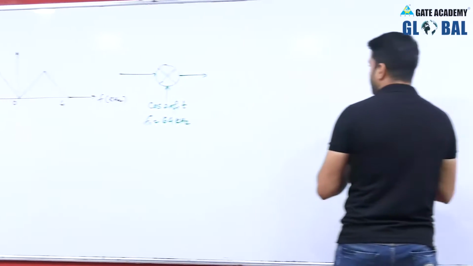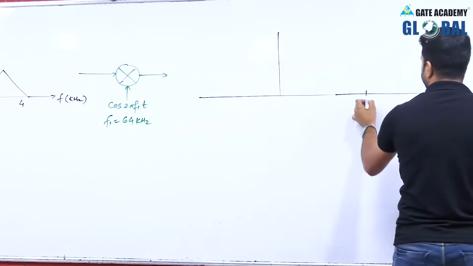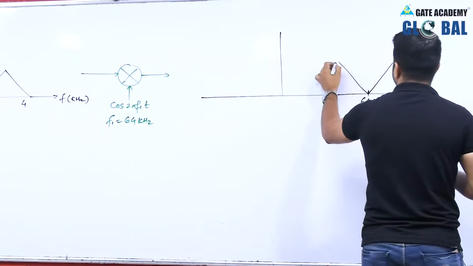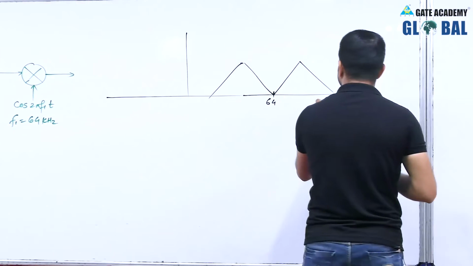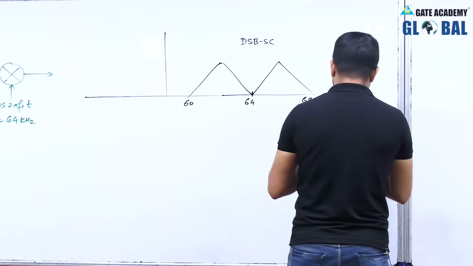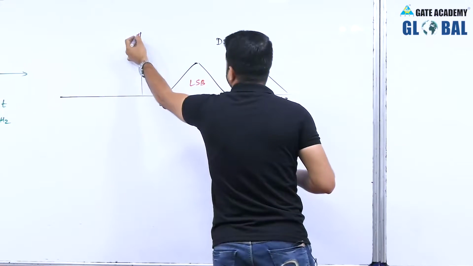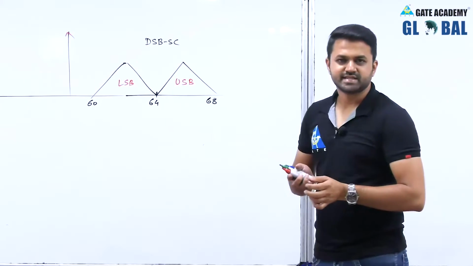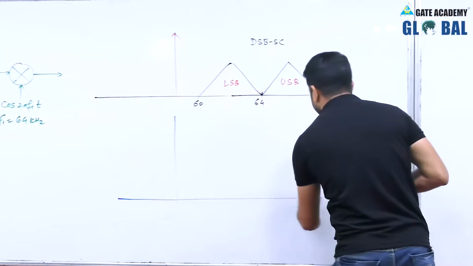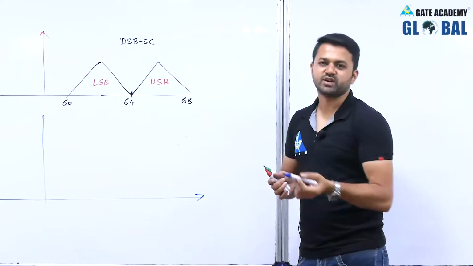So we will have a double sideband signal. 0 will be shifted to 64, and we get the double sideband signal like this, 68 and 60. In this double sideband signal, this is the upper sideband and this is the lower sideband. But because in FDM we consider single sideband modulation, and to generate the SSB signal we use the filter method, after generating the double sideband suppressed carrier we suppress one of the sidebands.